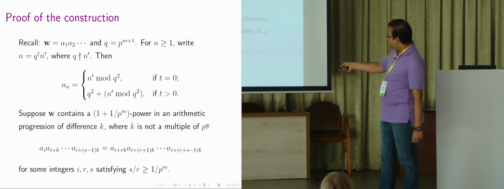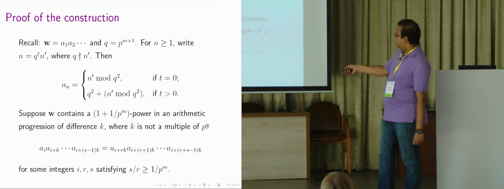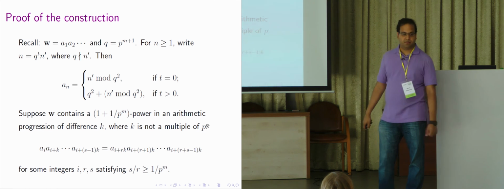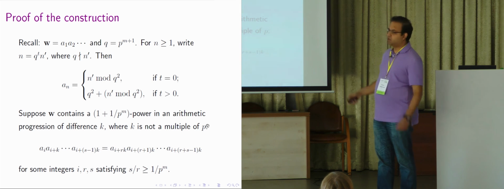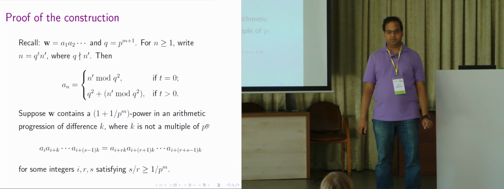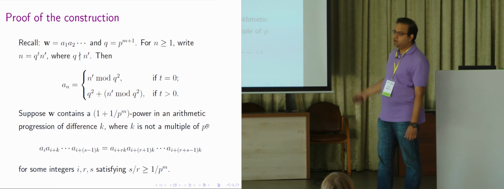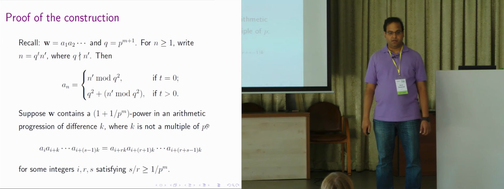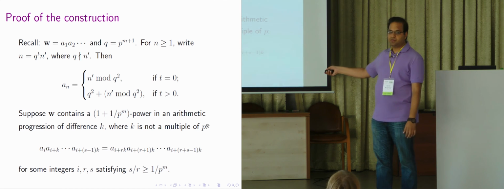Okay, so let me write down what this repetition looks like. First of all, it is in some arithmetic progression of difference k, right? So I have some subsequence starting at position i, then i plus k, i plus 2k, i plus 3k, and so on. And now what is a 1 plus 1 over p to the m power going to look like? Well, I'm going to have some block of length, let's say s.